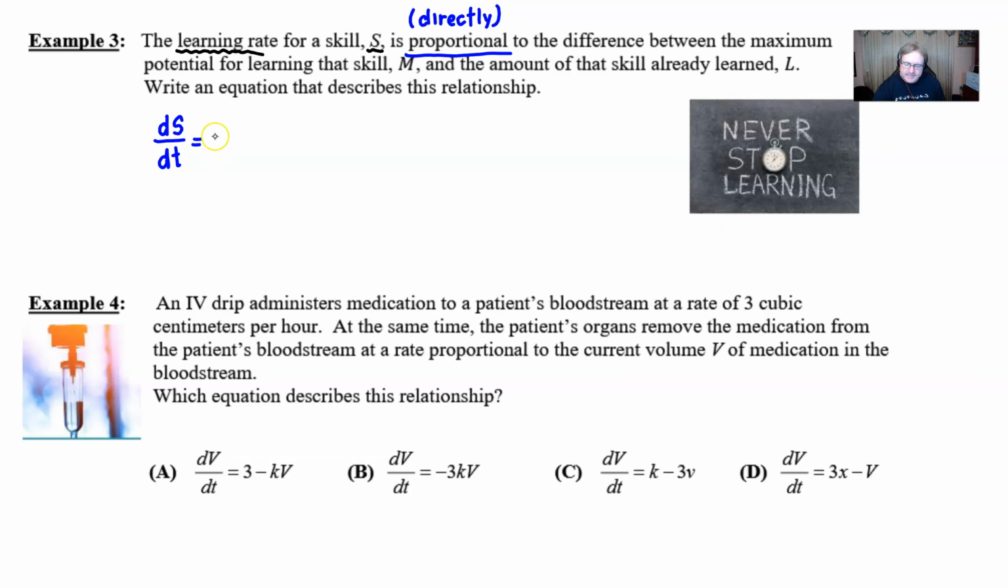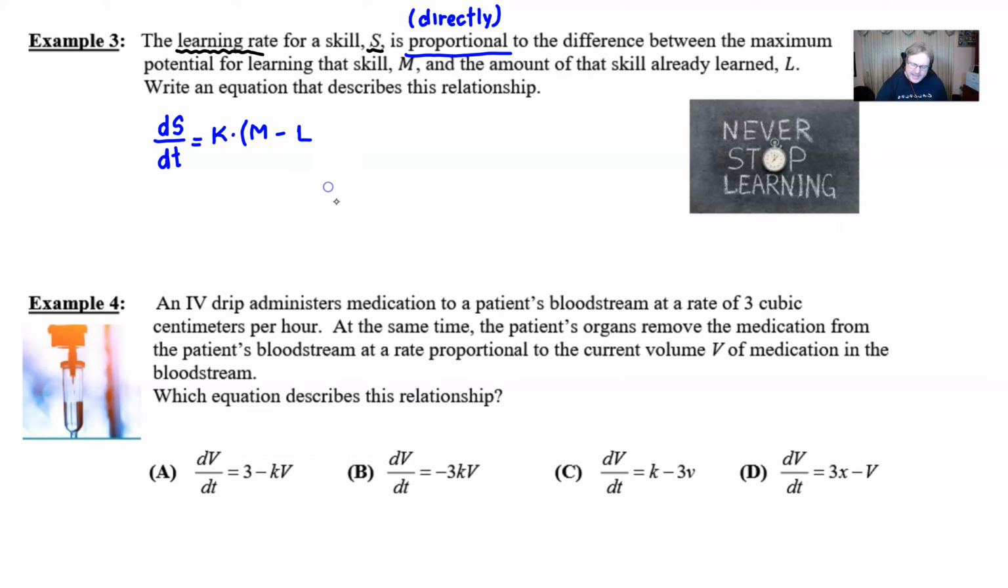So what that means is that you take your constant of proportionality, which we typically will use k, and you will multiply it by what's to come up. The difference between, well, that seems pretty logical that you're going to subtract a couple of things. We probably need to put that quantity in parentheses then. Between the maximum potential for that skill, M, and the amount of that skill already learned, L. And so I'm going to call that M minus L.